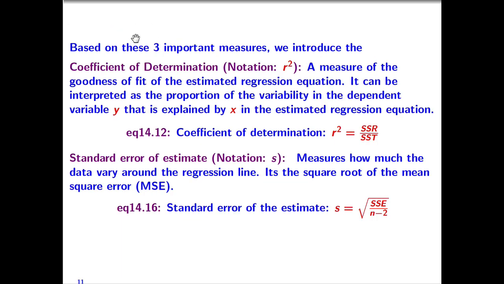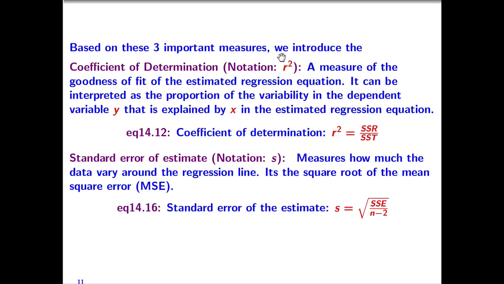Based on those three important measures, we introduce the following two measures about the model. The first one is the coefficient of determination, and we use the notation R square, or big R square, to represent it. It's a measure of the goodness of fit of the estimated regression equation.